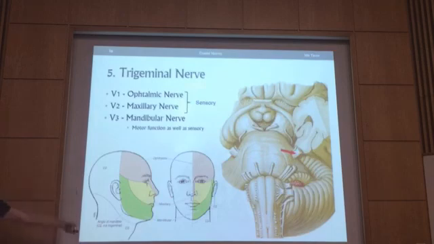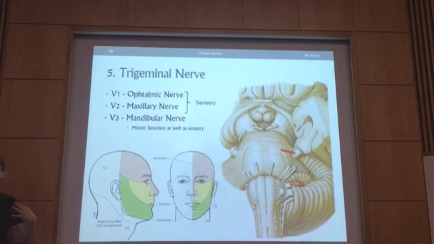The trigeminal nerve emerges at the border between the basilar part of the pons and the middle cerebellar peduncle, and it has three subdivisions: an ophthalmic part, a maxillary part, and a mandibular part.